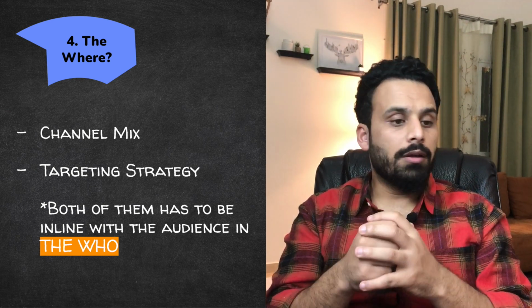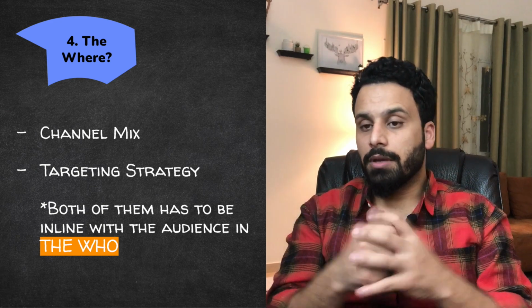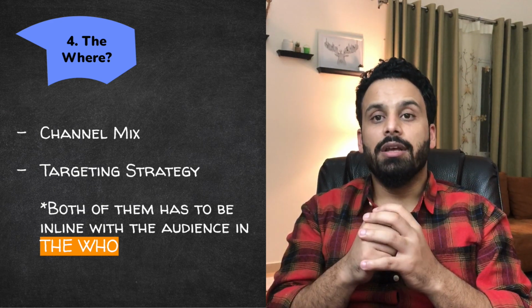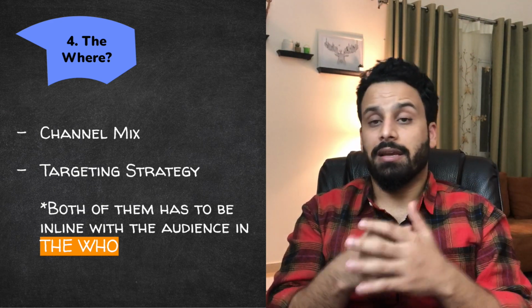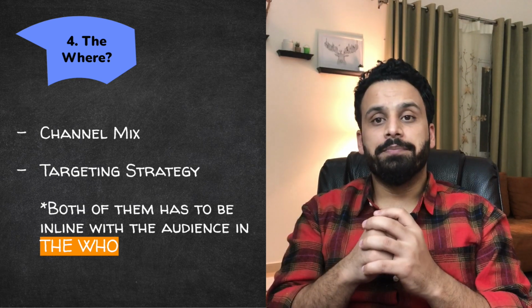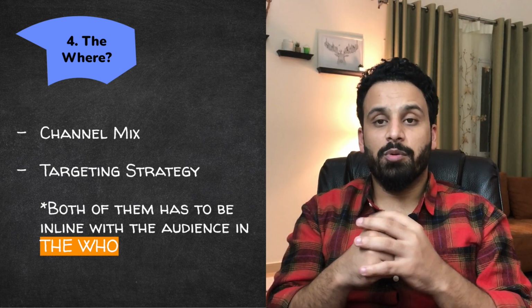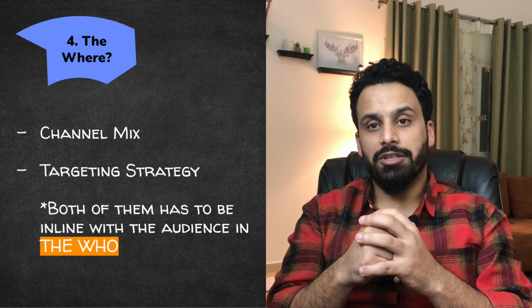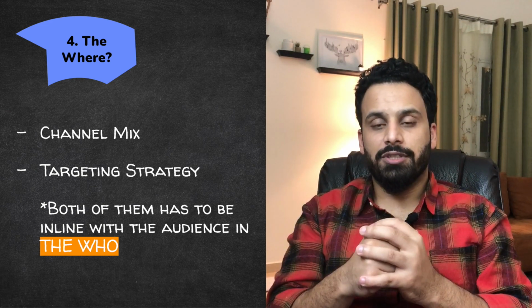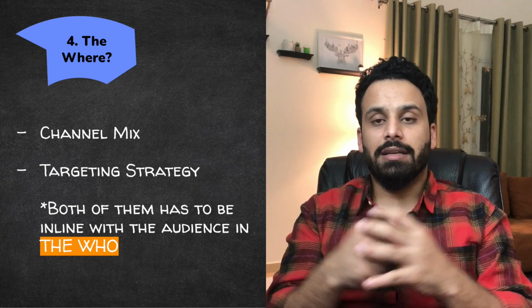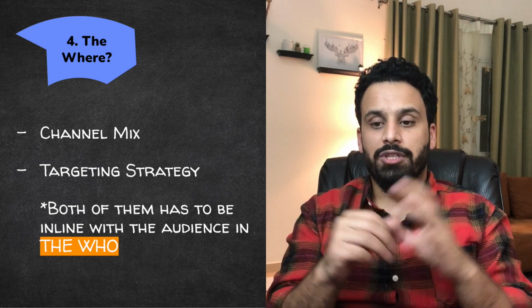If you are doing a campaign for, let's say, youngsters, teenagers, you will probably select Instagram and Snapchat. Similarly, if it's a digital marketing proposal or strategy you are working on in general, what kind of channels do you select? That is the where, which channels you should select.